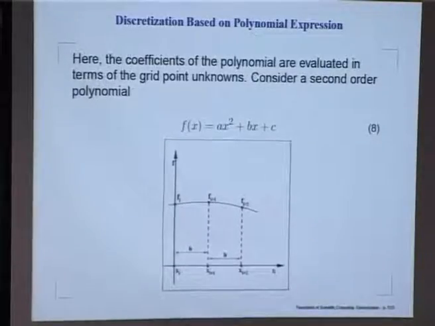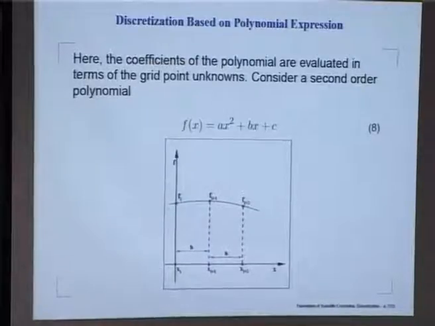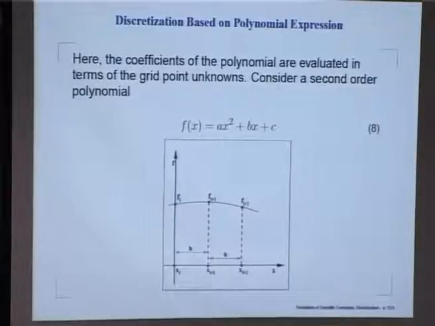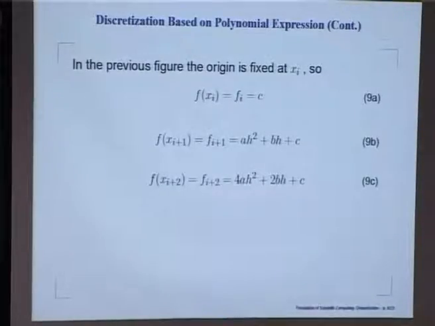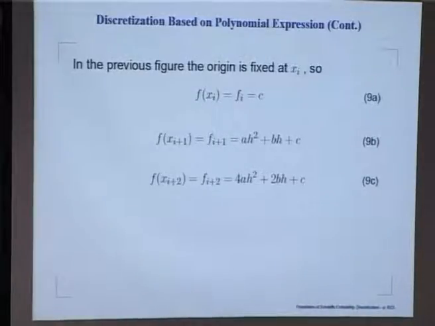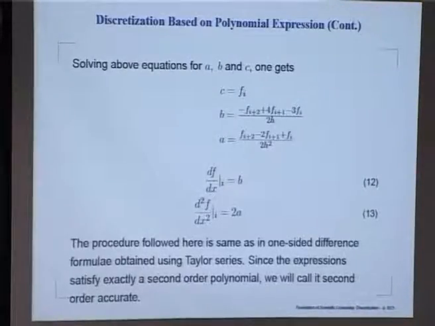So, suppose I fit in a quadratic here, and of course, you need 3 points to get the 3 coefficients a, b, c. That is what you do: satisfy this polynomial at 3 points, f I, f I plus 1 and f I plus 2, and solve for a, b, c, and this is what you get.